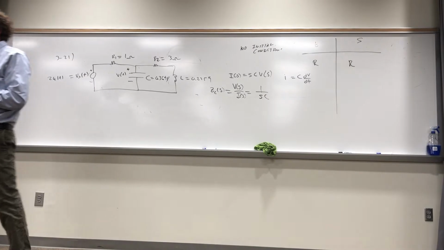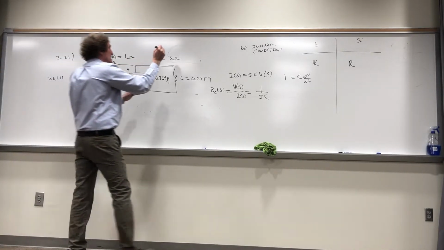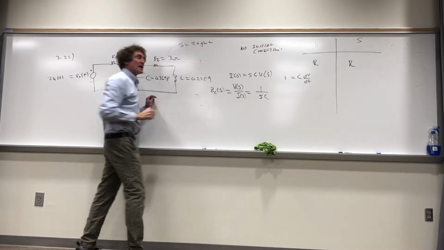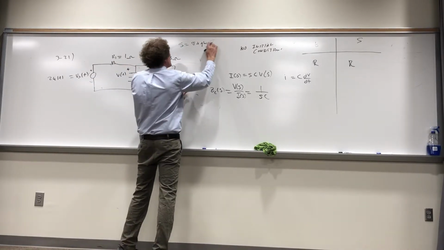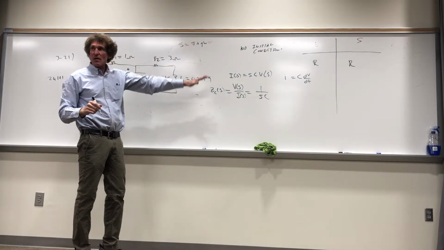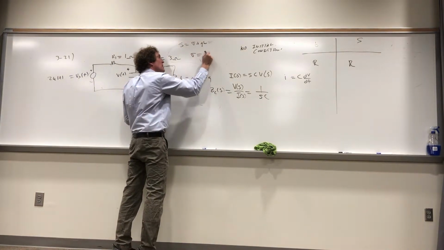Now, do you remember in circuits, when you had a constant frequency, you found out that the impedance of the capacitor was 1 over j omega C? How many remember that? Well, S is equal to sigma plus j omega. And when we're doing these problems, they are like circuits problems with sigma equal to 0.